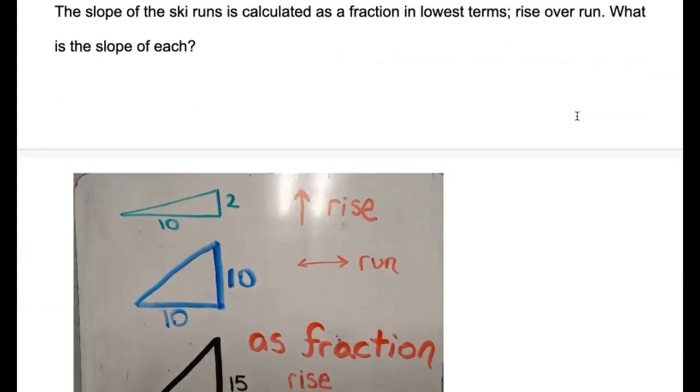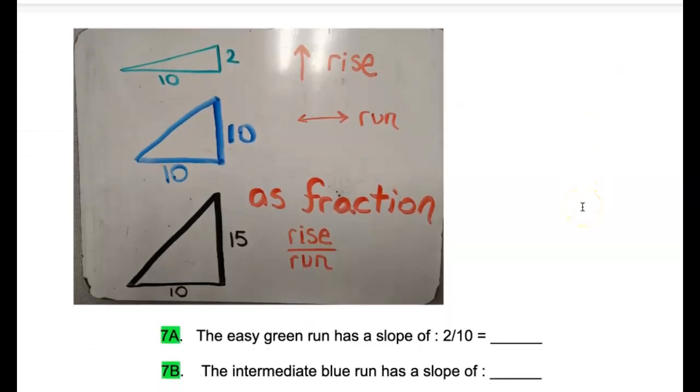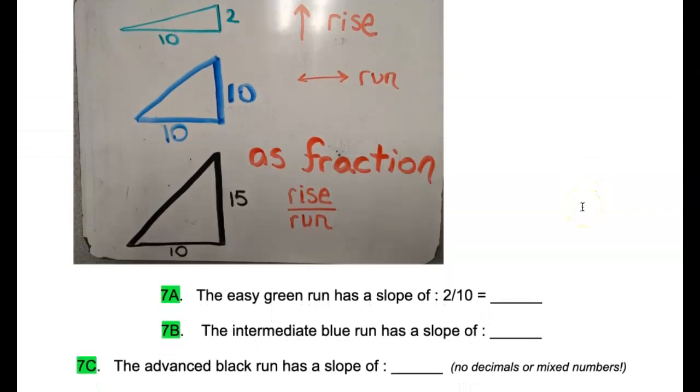The ski slope of the ski runs is calculated as a fraction in lowest terms. It's going to be rise over run. We want to calculate the slope of each of these triangles. So the green slope has a rise of 2 and a run of 10.